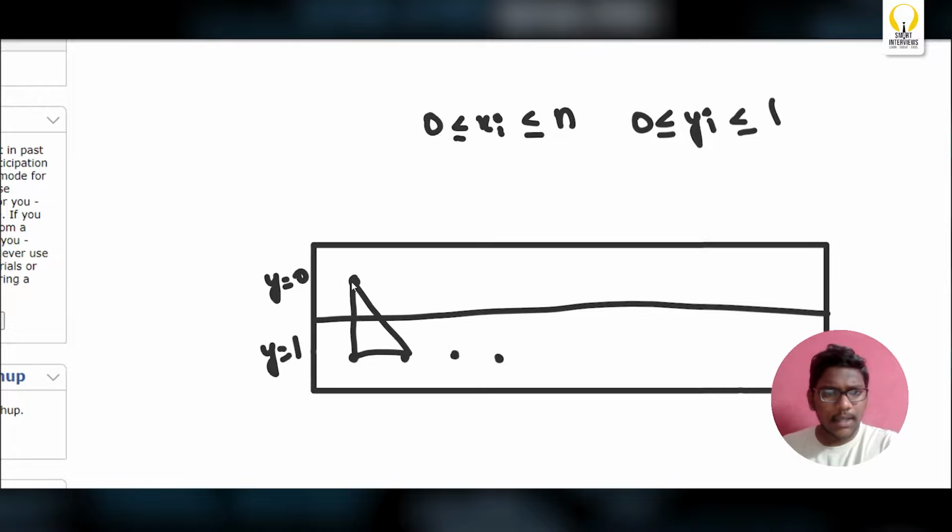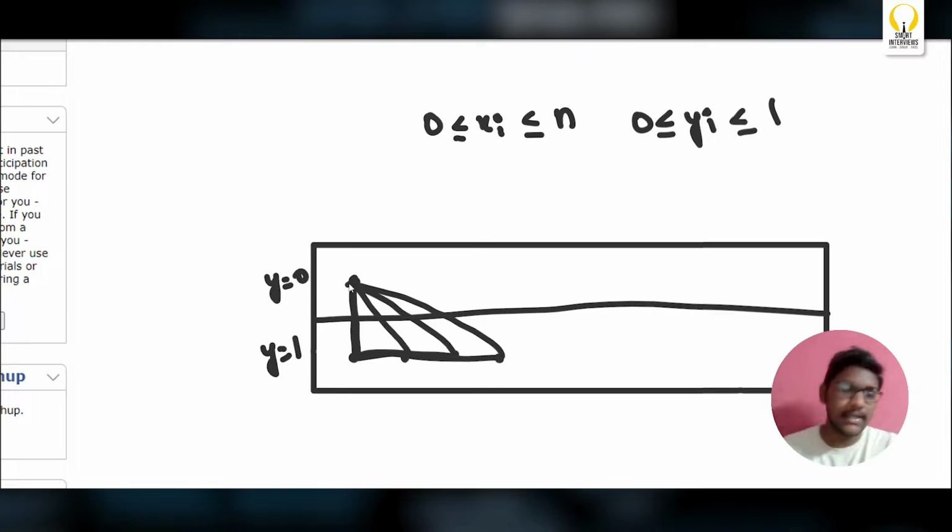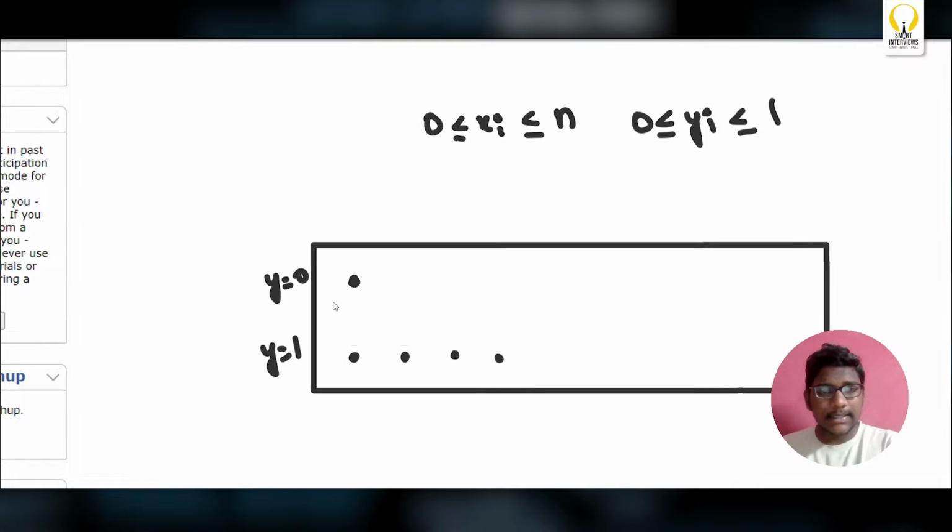Another, you can form it in this way, which is the second triangle. Another is the third triangle that you can form in this way. This is one part of the logic. Let's keep this aside. How many such types of triangles can you form?